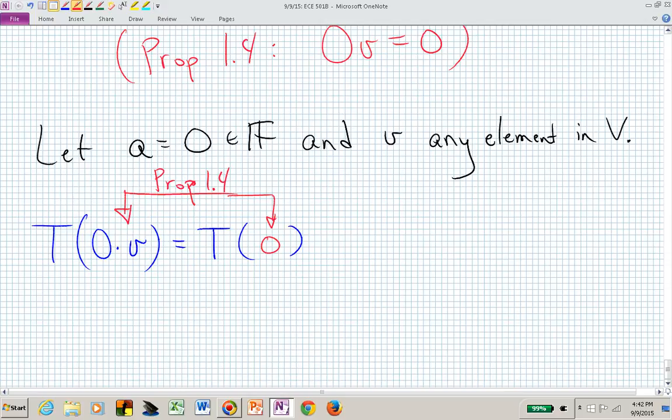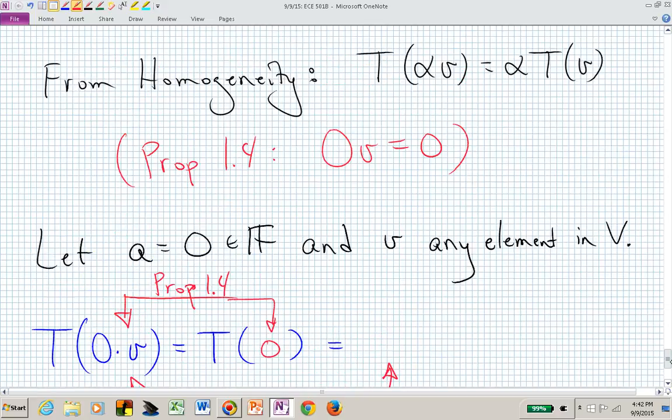Now, by homogeneity, if this is a linear map, I want to apply homogeneity from there to here. What would I write down on this rightmost equality if T of 0 times V, by the homogeneity property, is supposed to be the scalar times the linear map on the vector V?